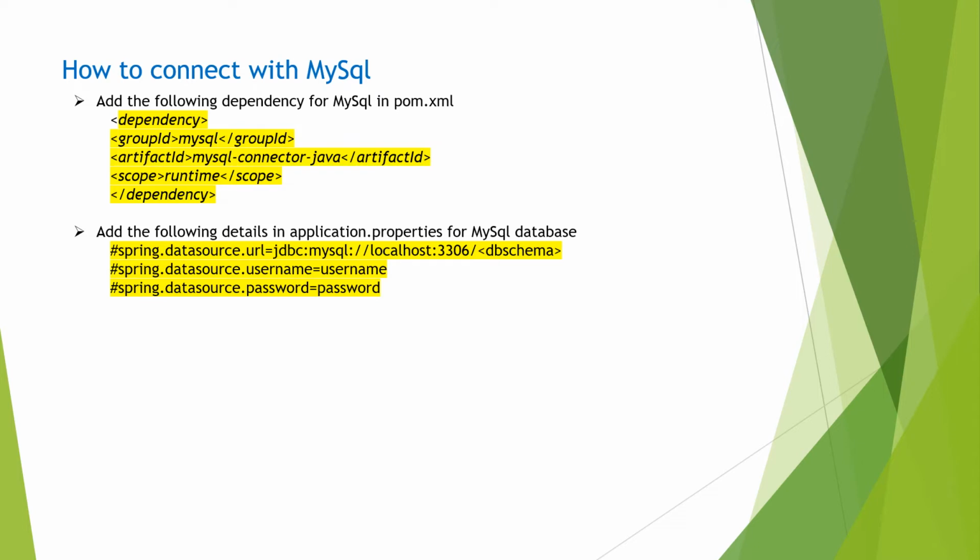First, I need to provide Spring Boot the connector, because to connect with the database we need some driver, right? So here we need to tell Spring Boot what the driver is to connect with my MySQL database. Here we have provided the corresponding group ID and artifact ID.